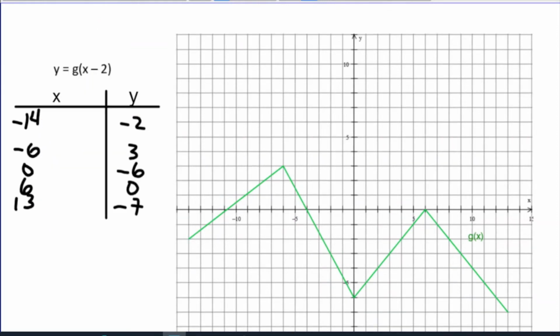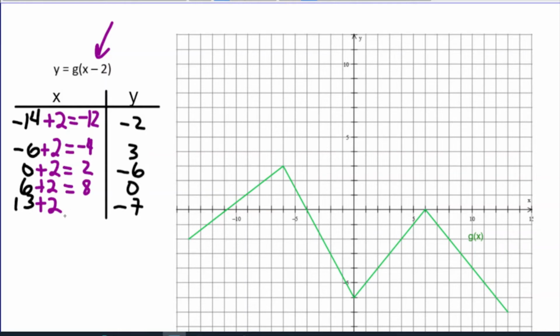For this one, we would use the same idea. It is a transformation inside of a bracket, which means it's an x value transformation. A -2 means a +2 directional shift, so horizontal translation to the right. I'm just going to add 2 to all of my x values. -14 plus 2 is -12. -6 plus 2 is -4.